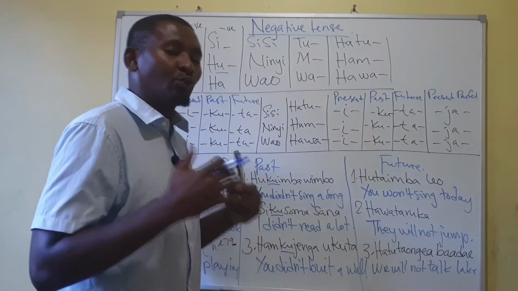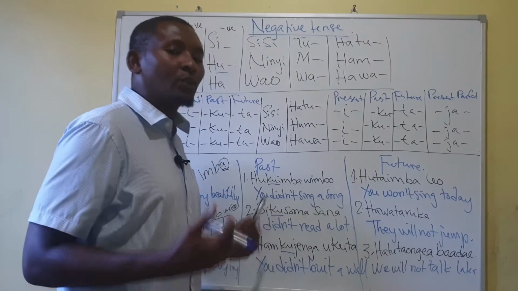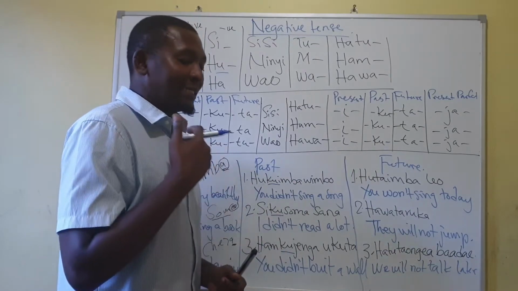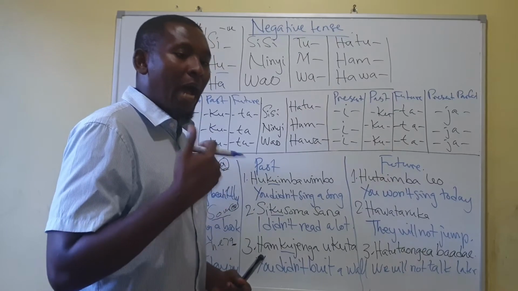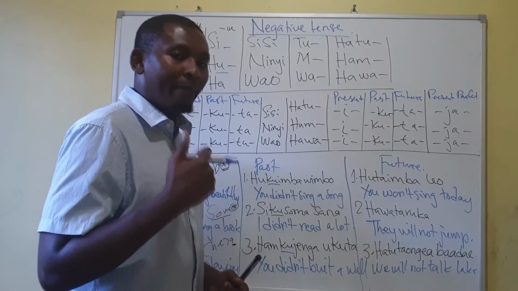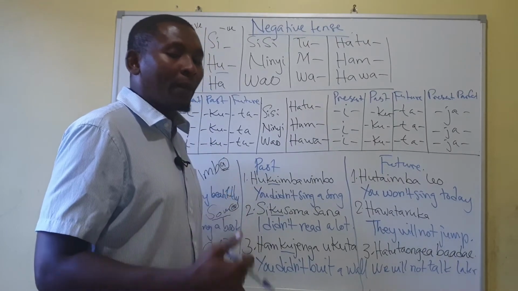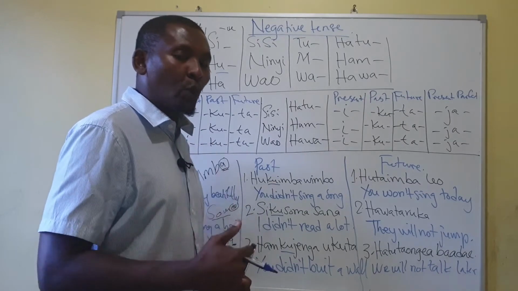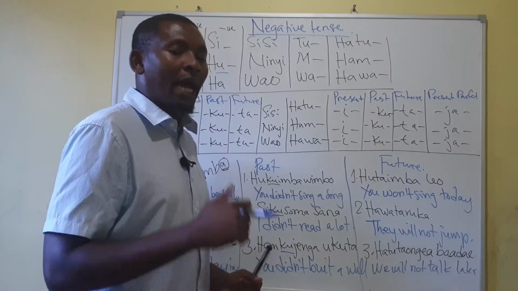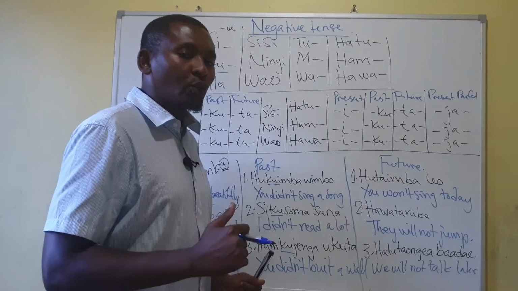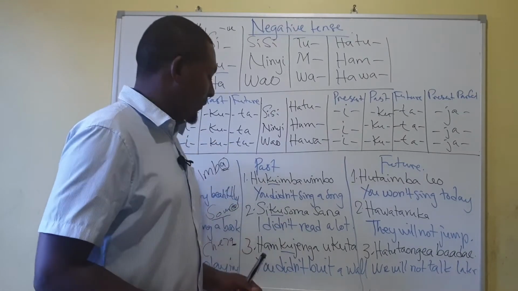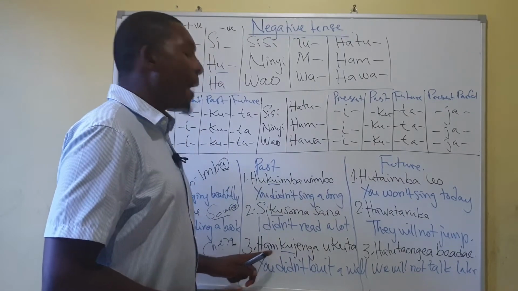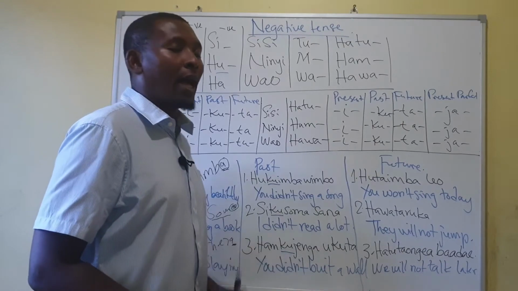Sikusoma, I didn't read a book. Nilisoma, I read a book. Sikusoma, I didn't read a book. Hamkujenga ukuta.